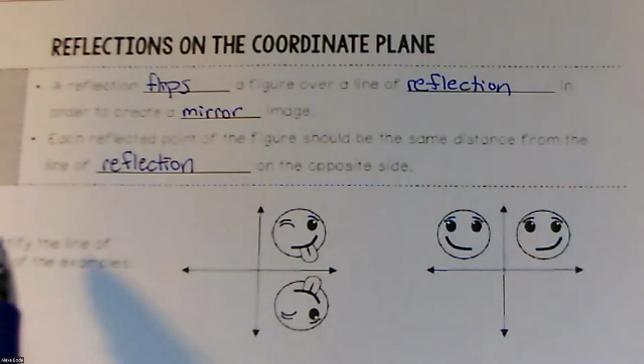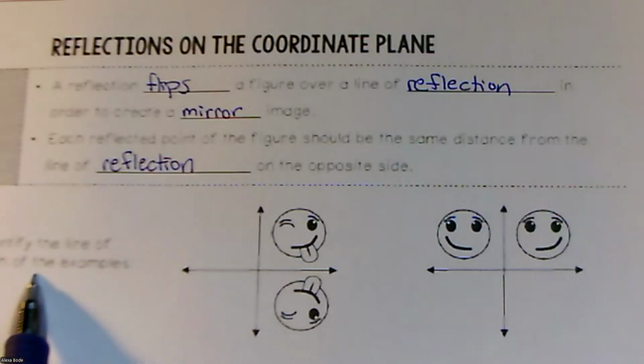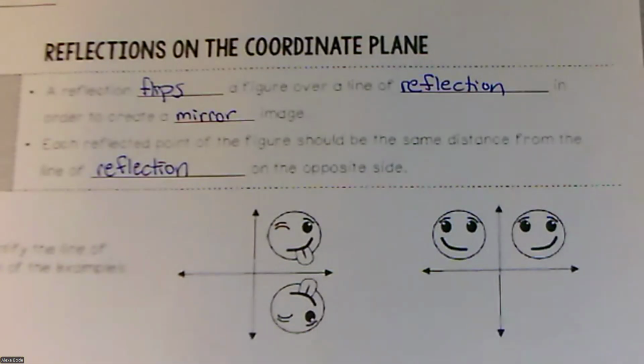So this says highlight and identify the line of reflection in each of these examples. This is an important part of describing a reflection: we have to make sure we can identify our line of reflection. So I want to go and highlight our line of reflection here.